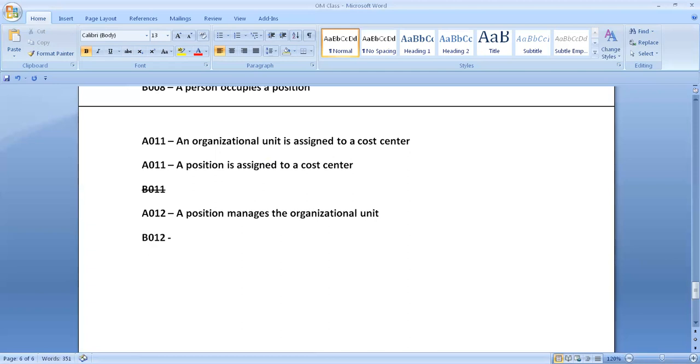B012: an organizational unit is managed by a position. It is the reciprocal relationship that you are maintaining.